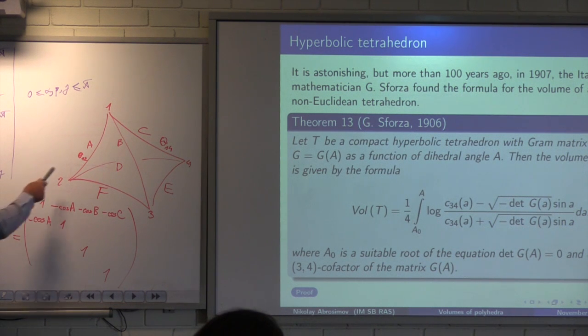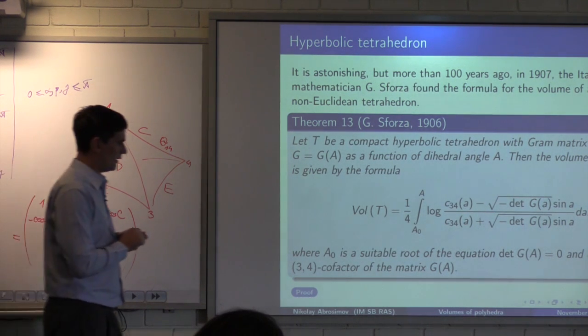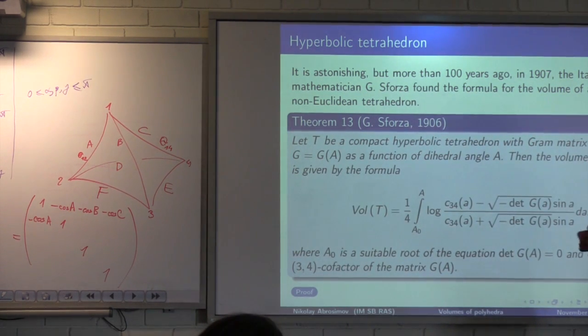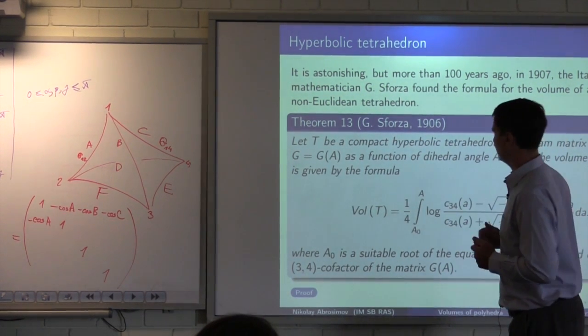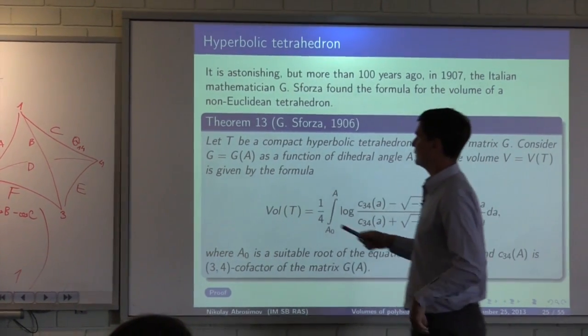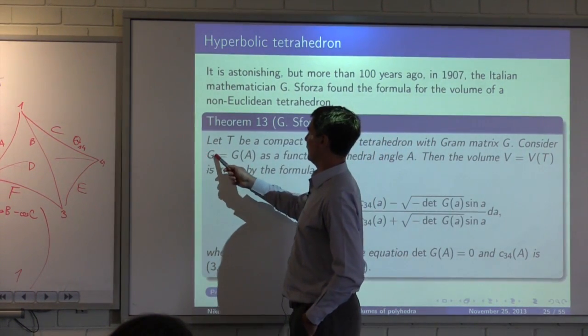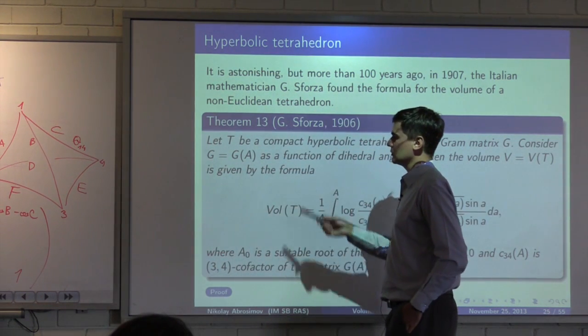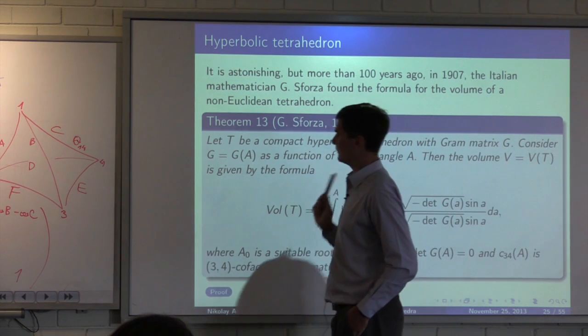But one dihedral angle, for example A, is varying in a continuous and even differentiable way. Since that, we can consider the Gram matrix as a matrix function in terms of one variable, A.